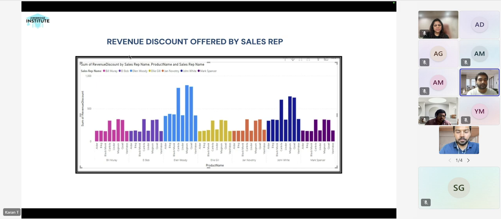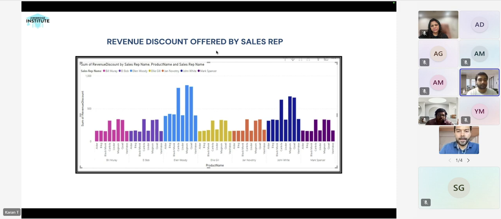their sales techniques. And as you saw in the previous slide, what Karan just showed you, that provided how discount strategies impact overall revenue. By comparing the revenue generated with discounts provided, we can assess whether certain representatives are offering excessive discounts that may impact the profit margins.